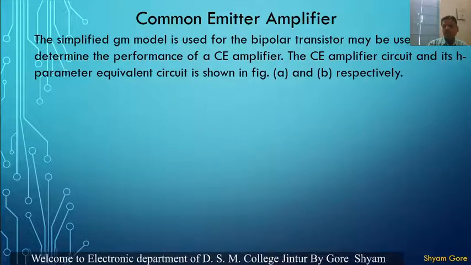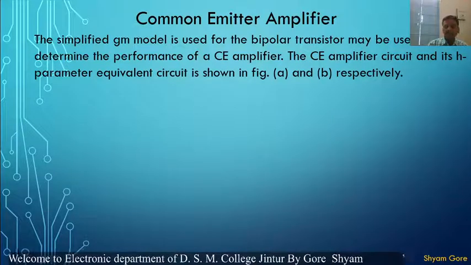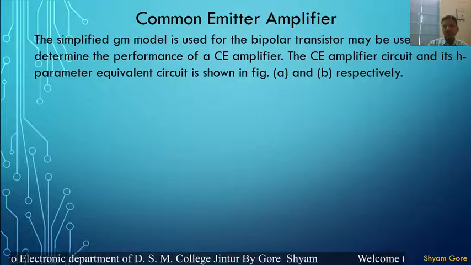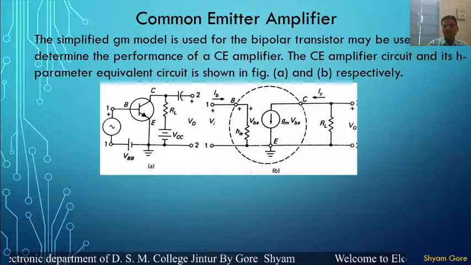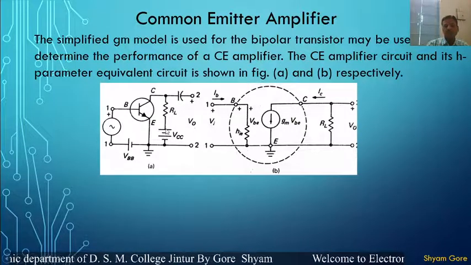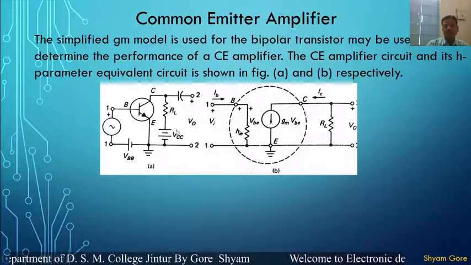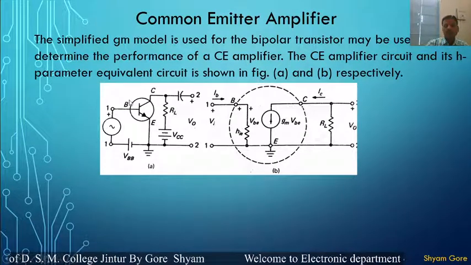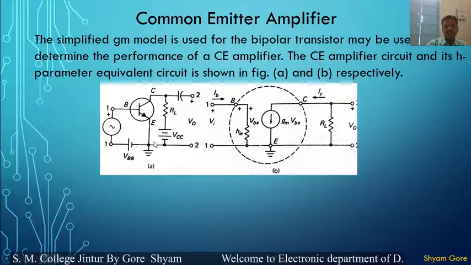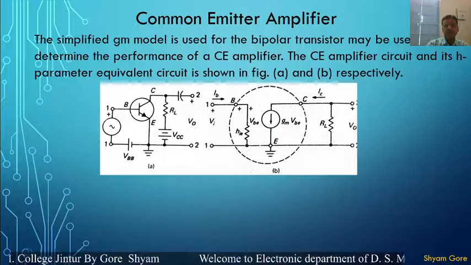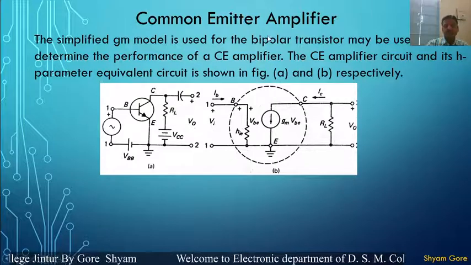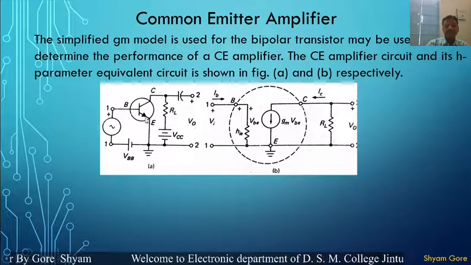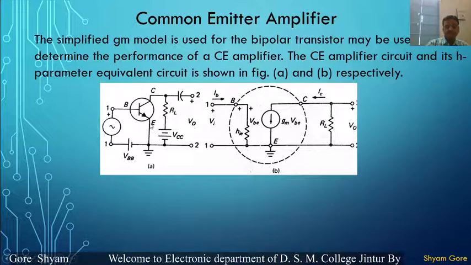The common emitter amplifier and its H parameter equivalent circuit are shown in figures A and B. Here, figure A is the common emitter amplifier circuit. In this figure, the transistor used is an NPN transistor.